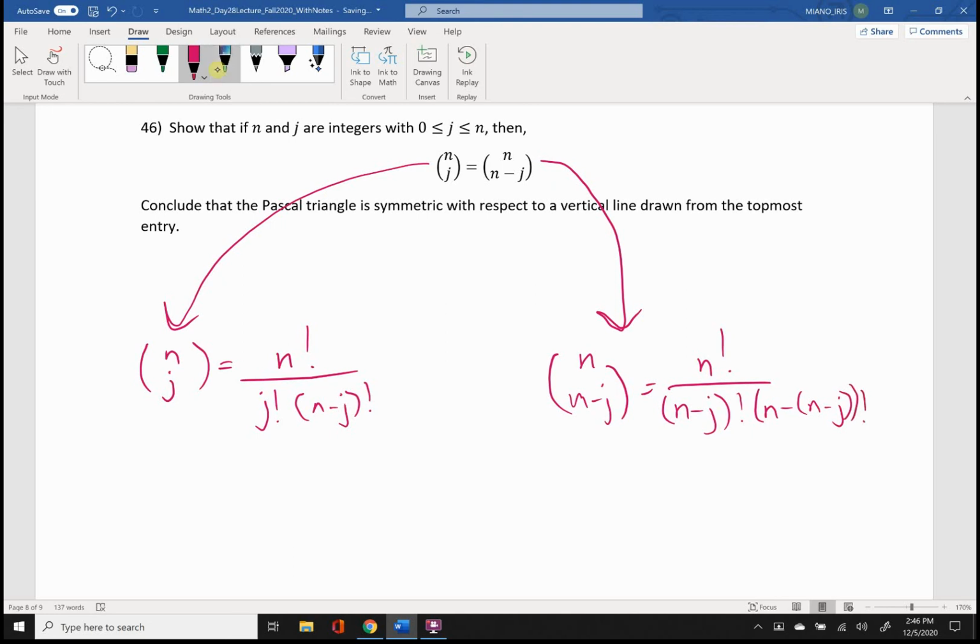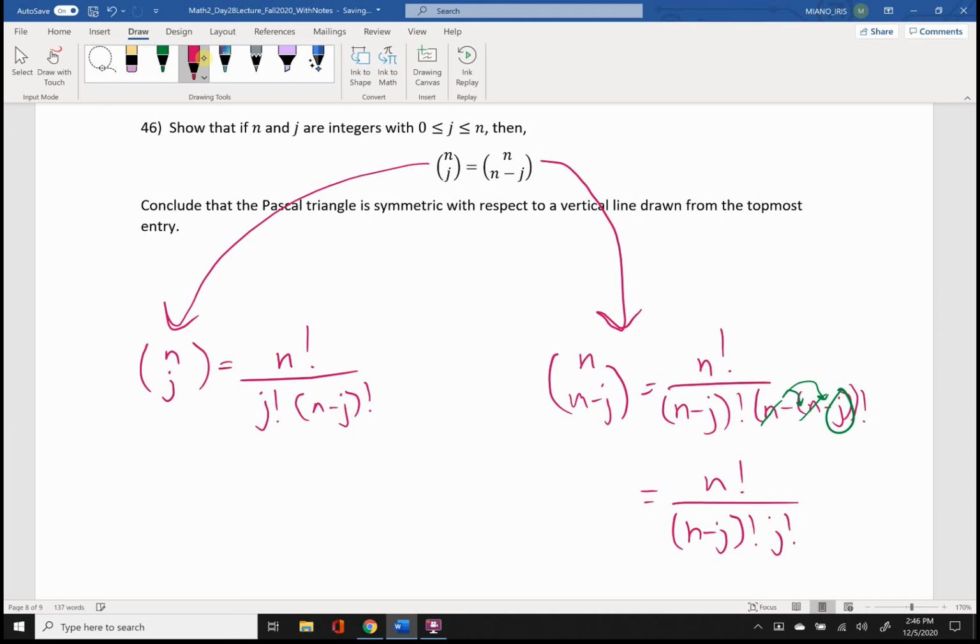Okay, but do a little bit of algebra here, right? And you will get what? Well, putting this here and putting that there, you'll get that the n's cancel out and you're just left with a j. So that means that this is equal to n factorial times n minus j factorial times j factorial.